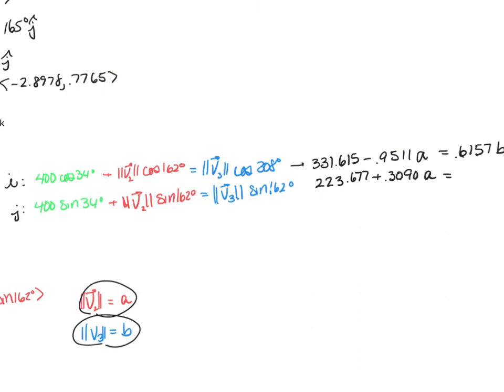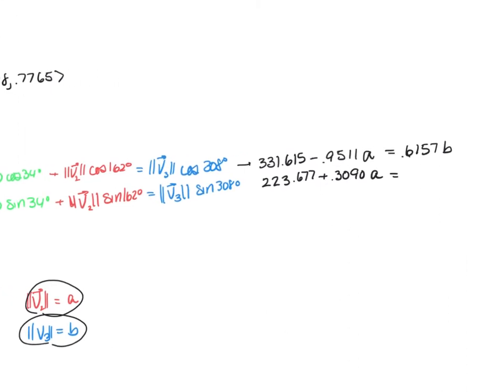Let me erase that. That should be the sine of 308, and that's going to give me the negative 0.788 in the B direction.